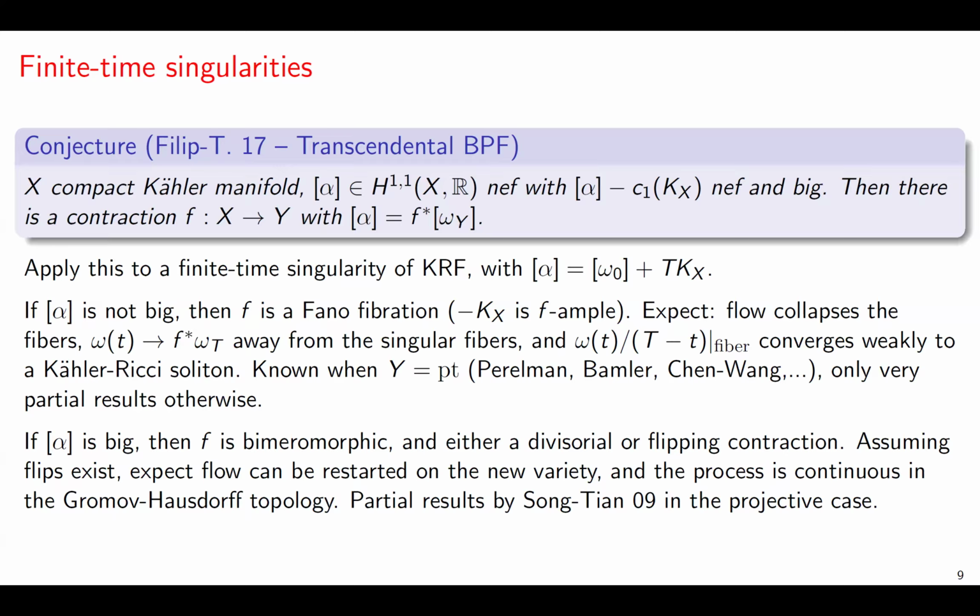There were some recent results by Song-Tian and maybe Jian, but I don't think they are close to establishing this. Also, when I say converges weakly, I really mean modulo some diffeomorphisms, and even then the convergence will be only away from some high codimension singular set, and this diffeomorphism in the limit will make the complex structure jump, right?